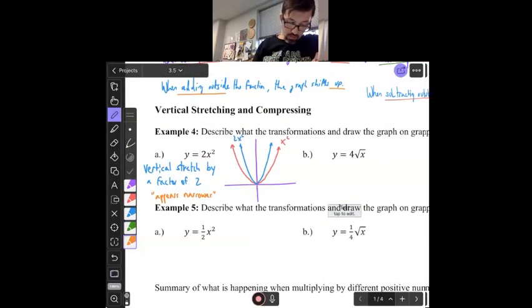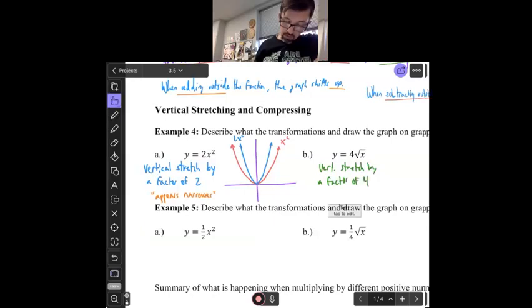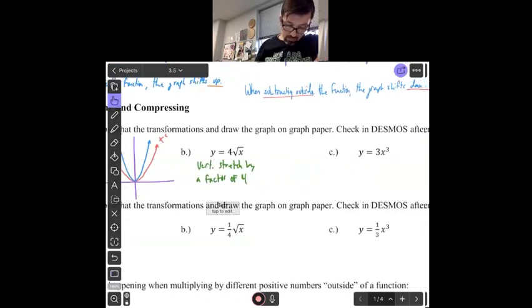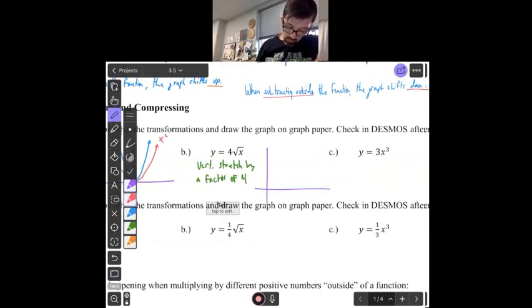So here for the second one, this would be a vertical stretch by a factor of 4. I am going to sketch this one. I'm not going to sketch the last one. So our parent function starts at 0, 0, heads off to the right pretty flatly.